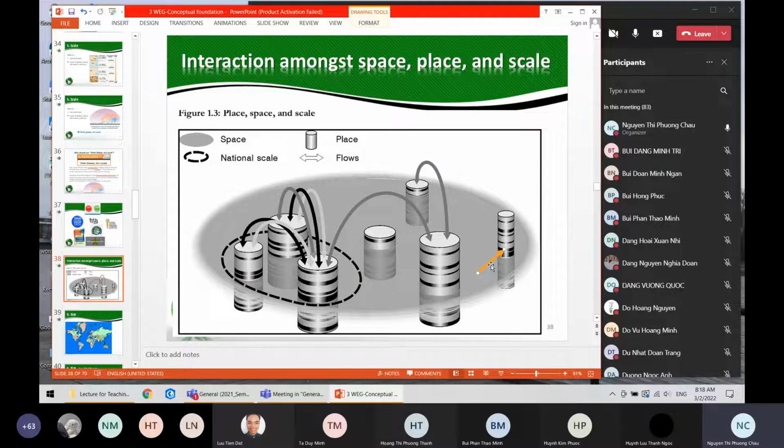With this, we can see the spatial interaction amongst regions and amongst the global world economy, and it depends on the size of the economy, the absolute location, and the distance of the nation. Each nation has more or less economic activity or cooperation with other nations.